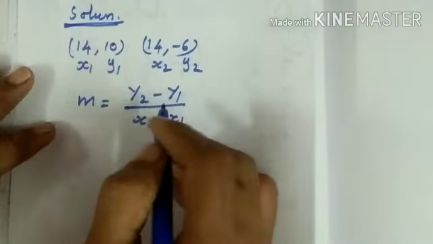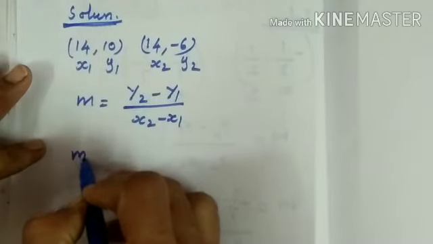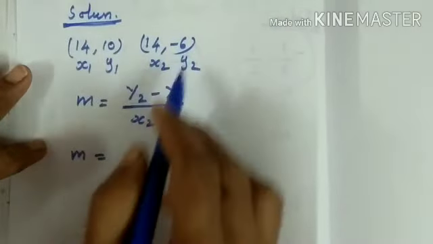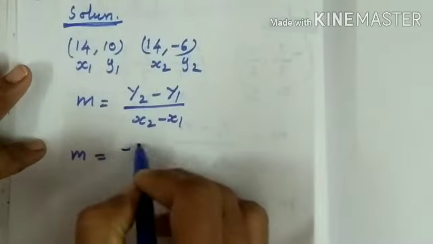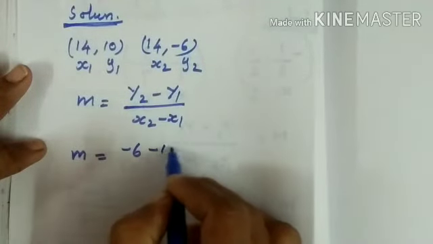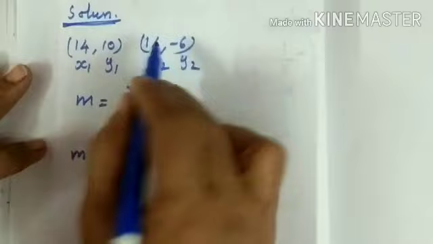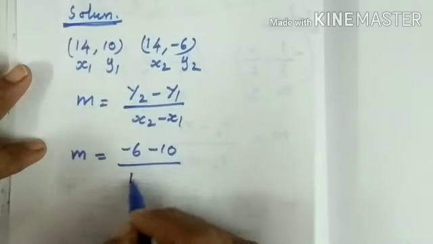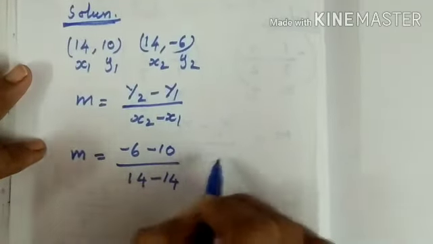Now you have to apply these points in the formula, means we have m is equal to y2, minus 6, minus 10 by x2 minus x1, 14 minus 14.